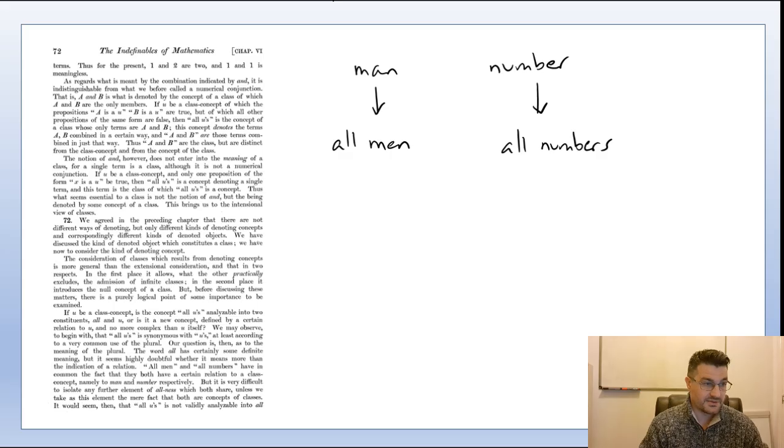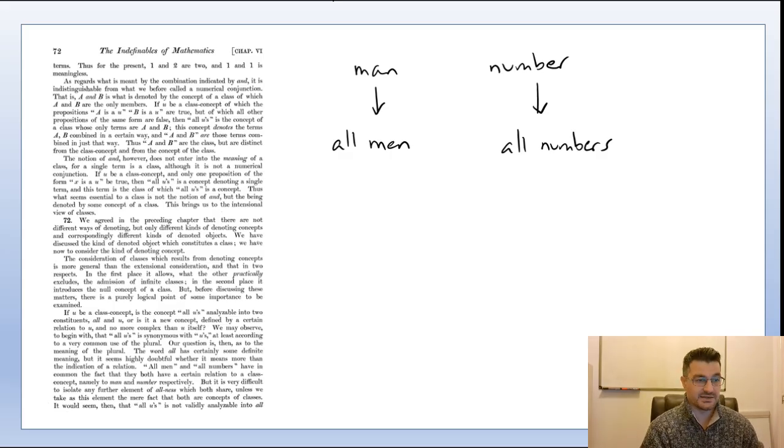So it seems then that man and all men are two different concepts, and there's this very particular relation between them, this allness, say, and the same with number. Is it the same relation between man and all men, and between number and all numbers? It doesn't really go into detail on that.